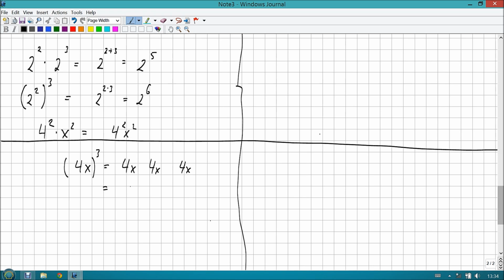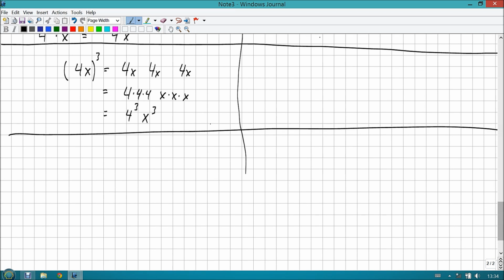Grouping like terms, I'd have 4 times 4 times 4, and then x times x times x. This is the same thing as 4 to the 3rd power, x to the 3rd power. So basically, you're distributing it to all the things that are separated by multiplication. Not addition, we'll get into that later. But we distribute it amongst the things that are multiplied together. Not added, multiplied.